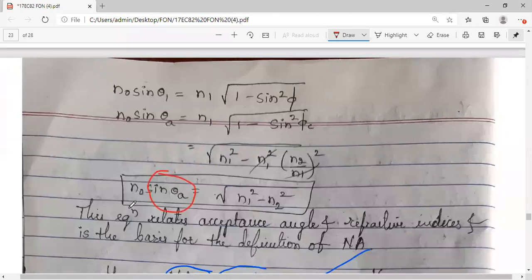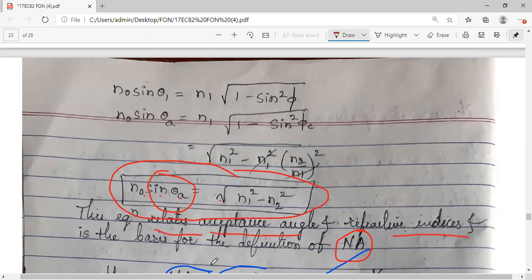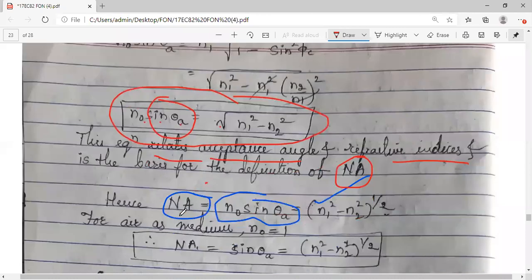For acceptance angle, we have an equation in terms of numerical aperture: N naught sine theta A is equal to square root of N1 square minus N2 square. This was the equation we had derived in the previous sessions. This equation gives you the relation between acceptance angle and refractive indices, and in turn, from this equation, we got the numerical aperture concept.